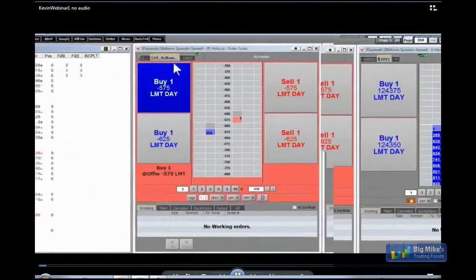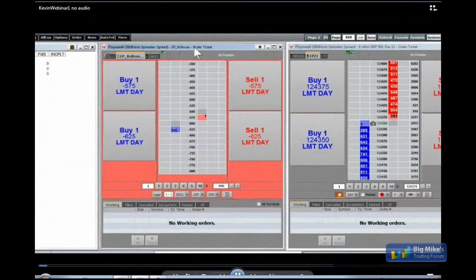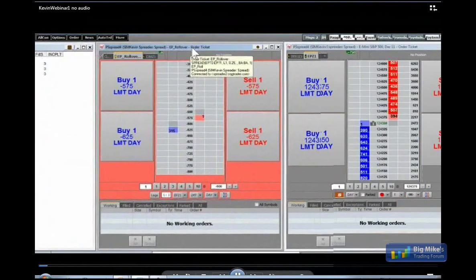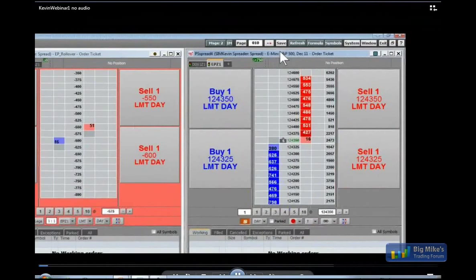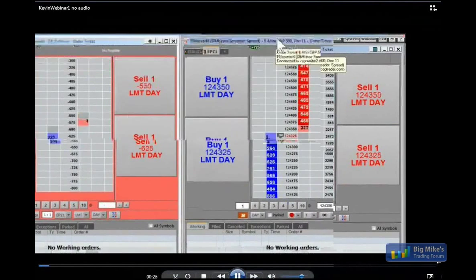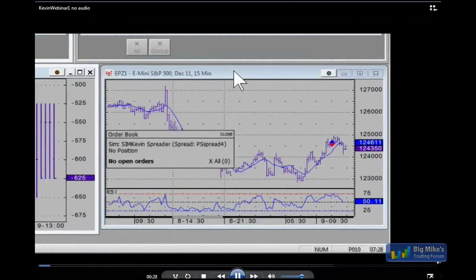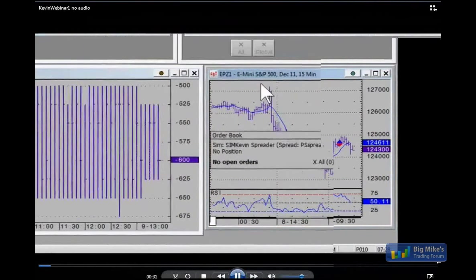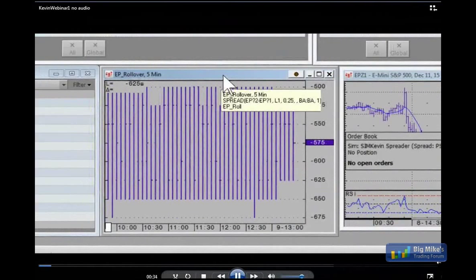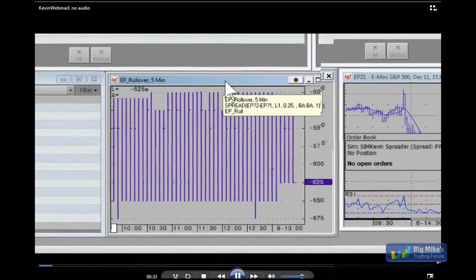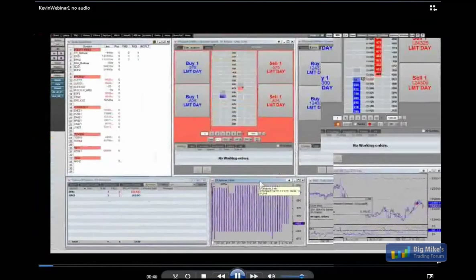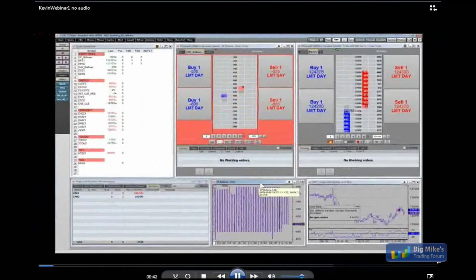This is a list of all the contracts that I'm going to be looking at. In the middle here, I've got the order ticket, and I've got a second order ticket off to the right. Down below there, I've got a chart of the E-mini December contract outright. As well, I've got a chart of the synthetic strategy in this case. You graphically see my spread strategy in the chart.